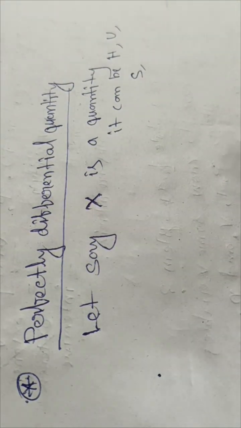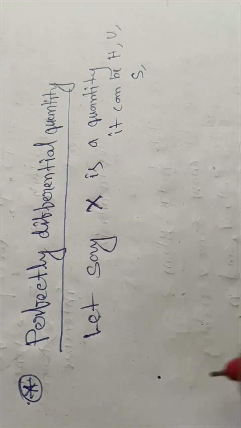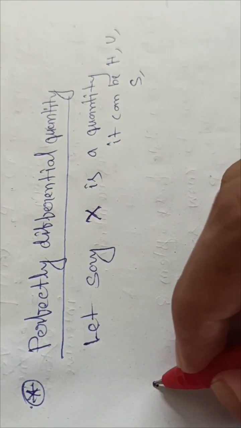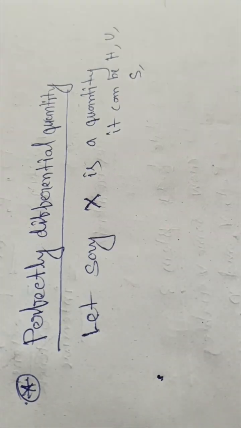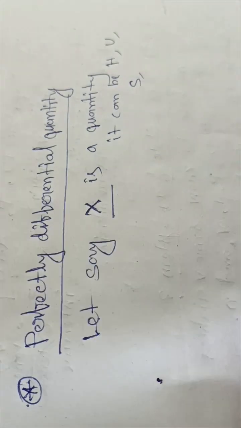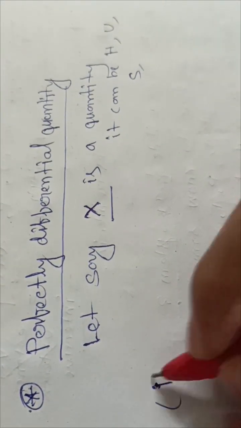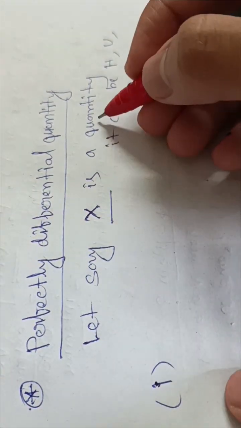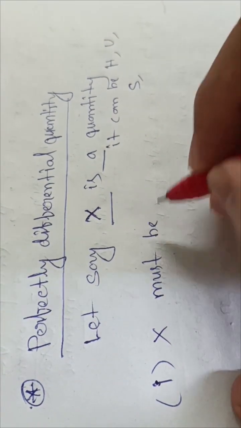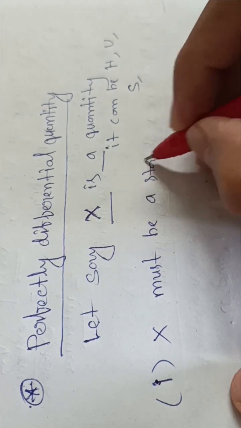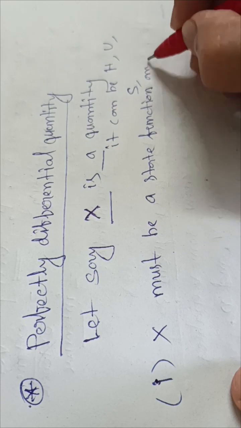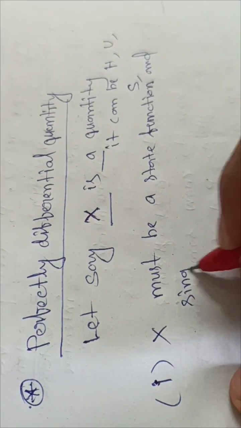If the quantity is perfectly differential, then there must be three conditions. To satisfy this perfectly differential quantity condition, the X must be a state function and single valued.